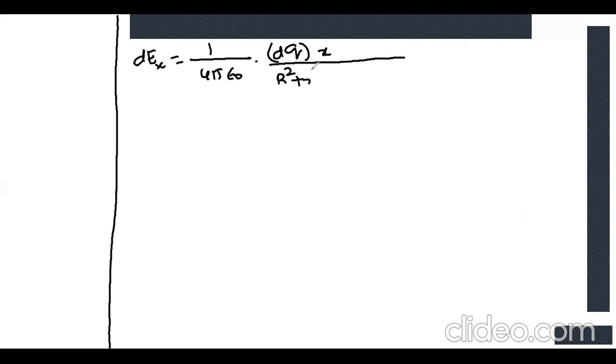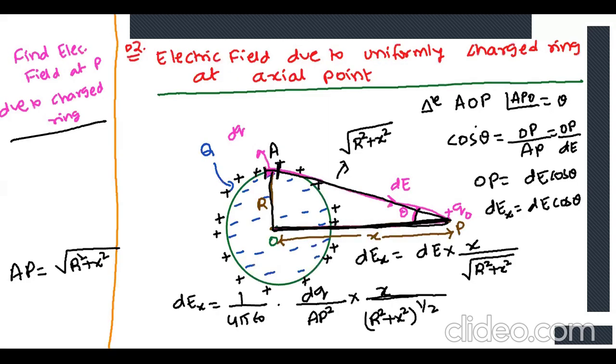That is dEx equals 1 by 4 pi epsilon naught dq by r square plus x square, into x by r square plus x square whole power half, which is cos theta.